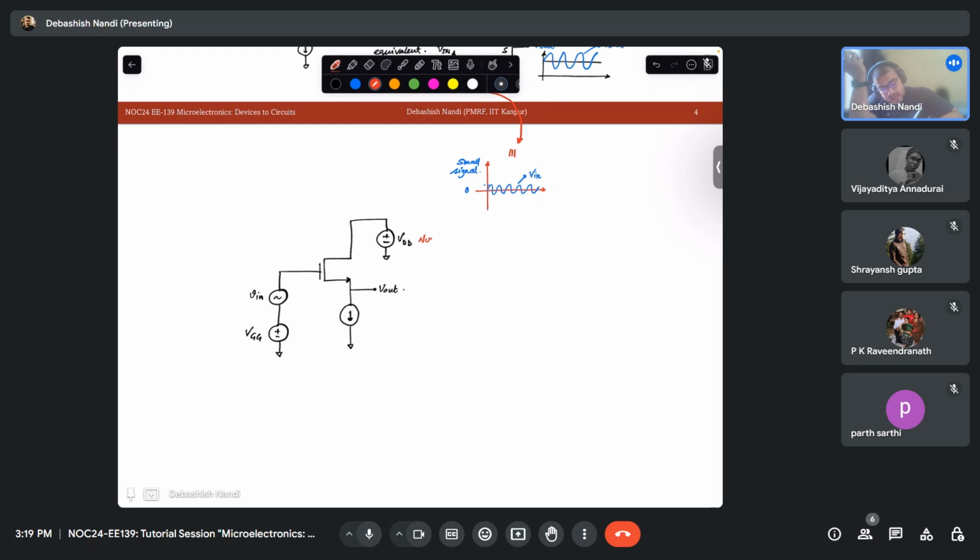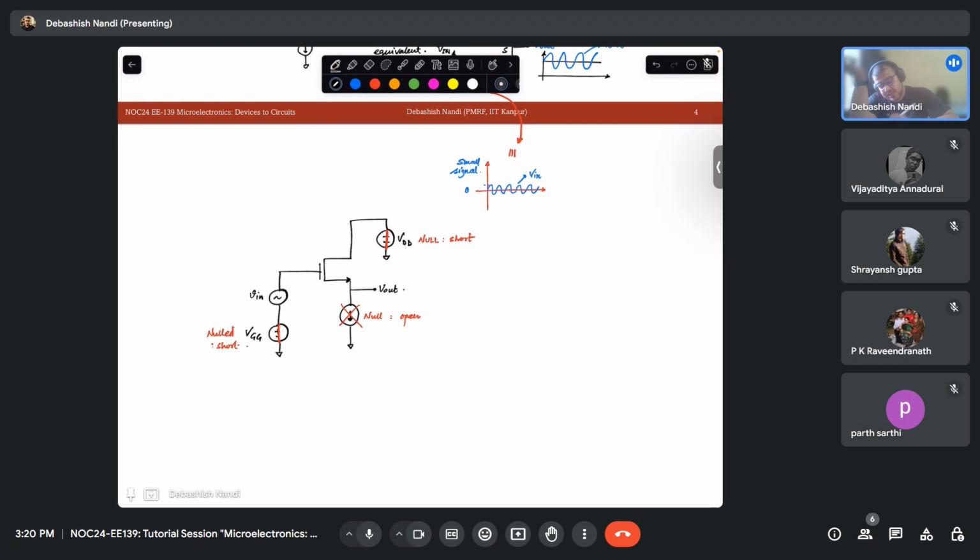We just null it. Nulling a voltage source means you just short it. Similarly, this DC also gets nulled. And what about this current source? Current source nulling means open circuit. This is short circuit. Again, this is short circuit.